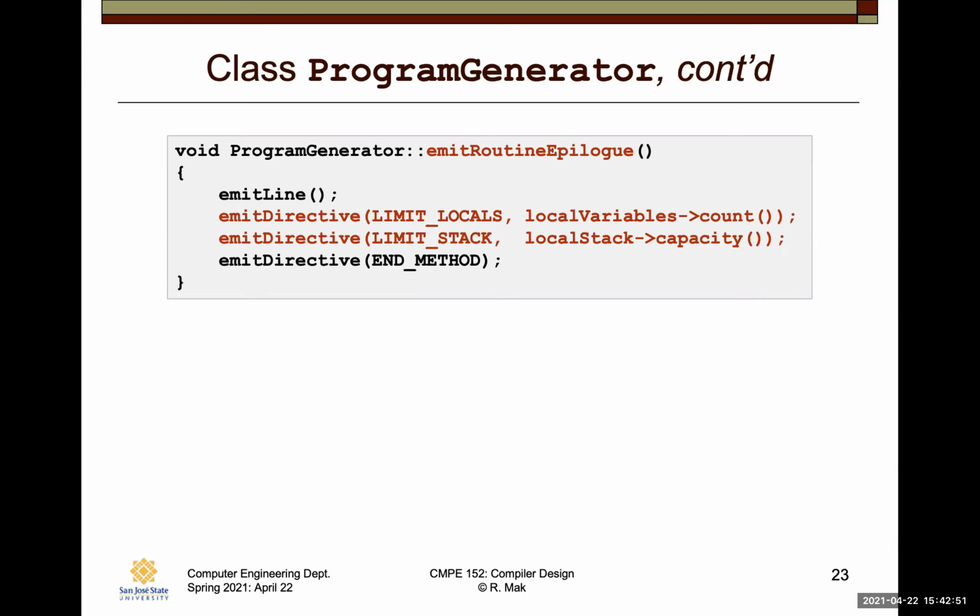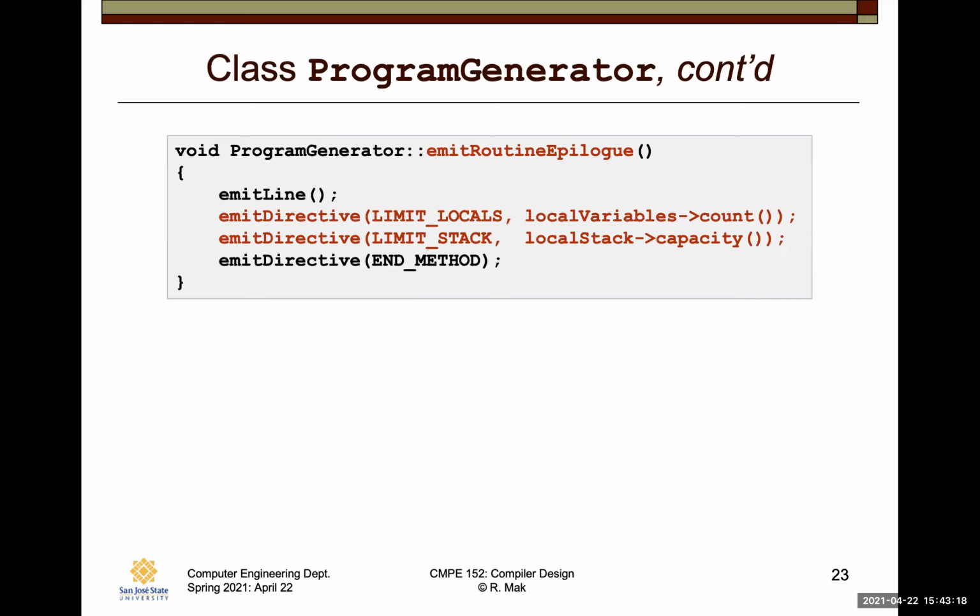Okay? So from that, you should be able to write the visit function for a while loop, because a while loop is not that different from a repeat loop, and so you should be able to generate code for a while loop. And then going from the while loop, I would say the next thing you might want to look at is how to generate code for an if statement.